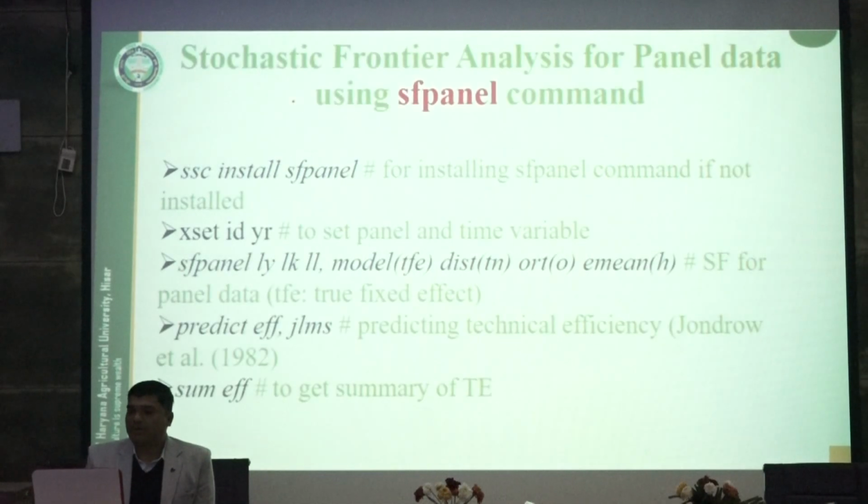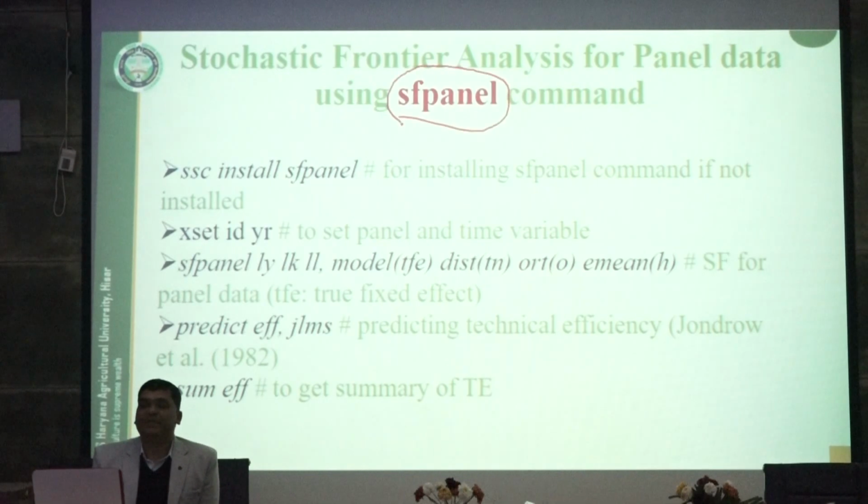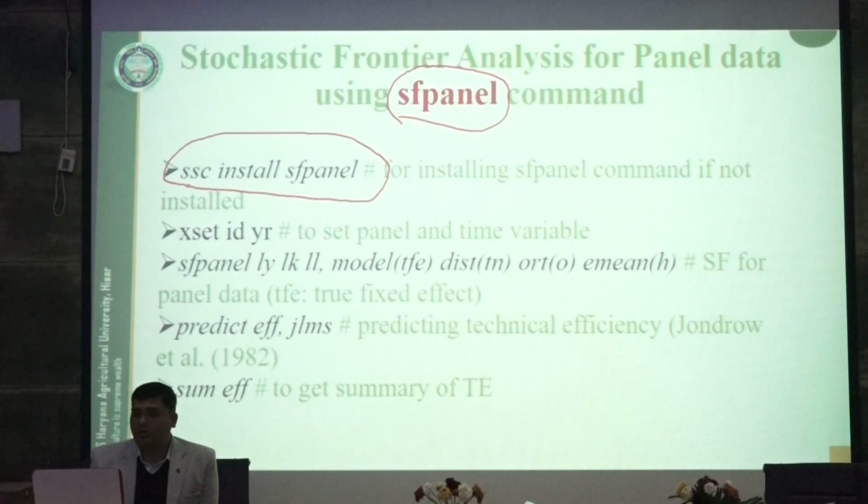So now the next command is sfpanel, meaning stochastic frontier panel model. If we do not have this command in our Stata, then you have to install it by writing ssc install sfpanel.